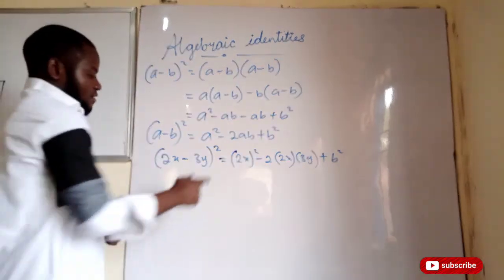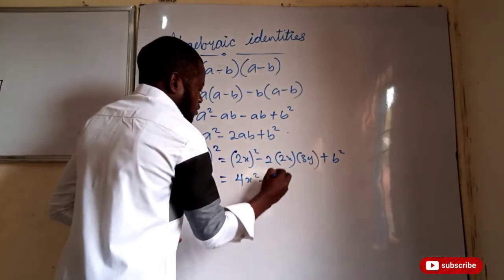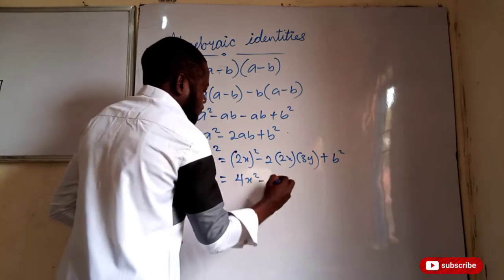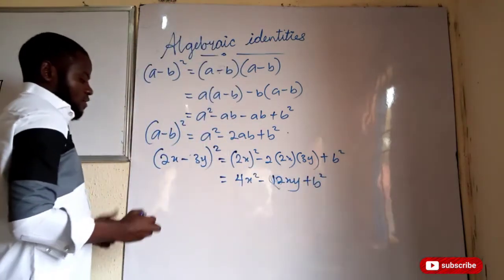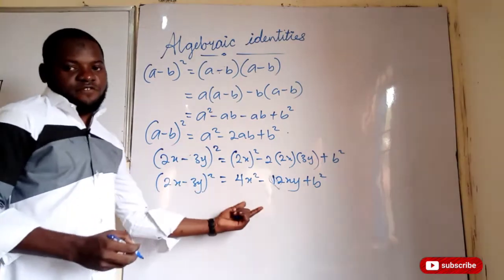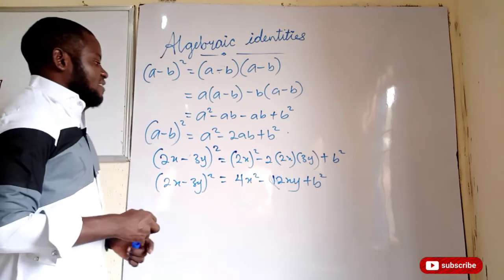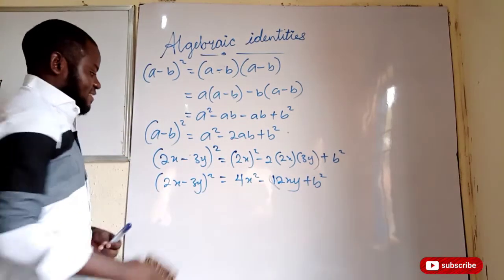Are we together? So this will become 4x² − 12xy + b². So this is easy to attempt very fast. So that is the third identity. So let's look at the fourth identity.